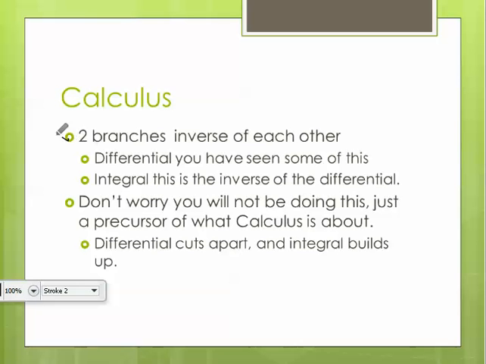Now, the lessons go into just a little bit of calculus for you, and they're just trying to show you that there are two branches of calculus. And what we're talking about here in inverses is so that you can recognize what we're talking about when we go into calculus. There are two types of calculus, and they're inverses of each other. You've got differential calculus. You've already seen this one when we were looking at the inflection points and the roots of trinomials, quadnomials, quintomials, and things of that nature.